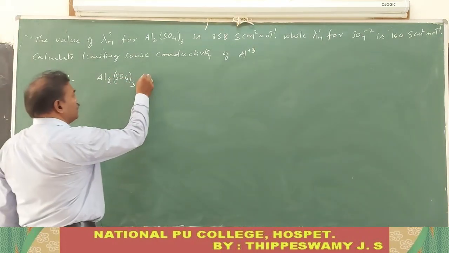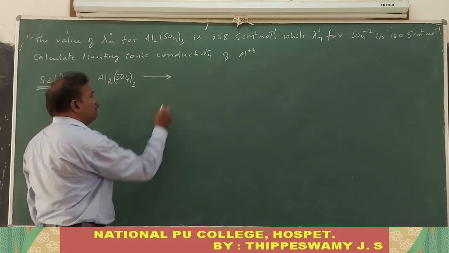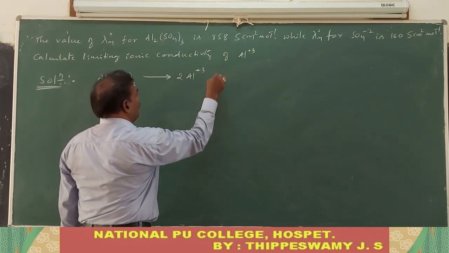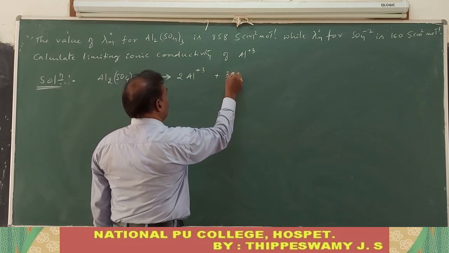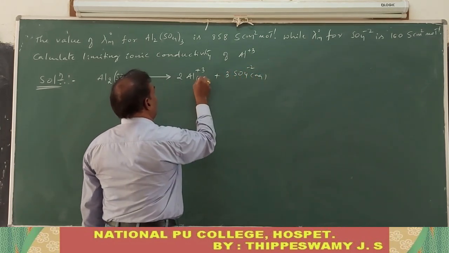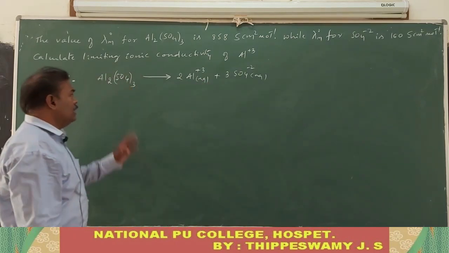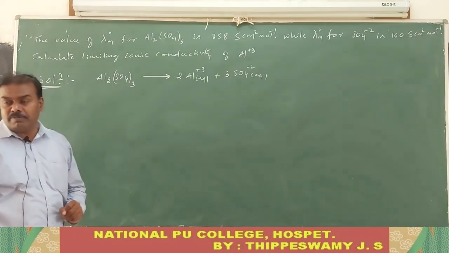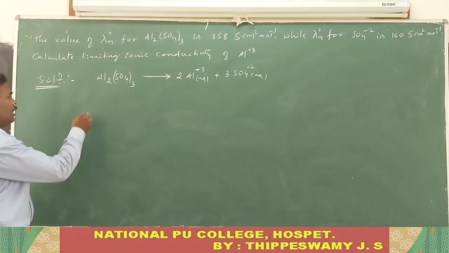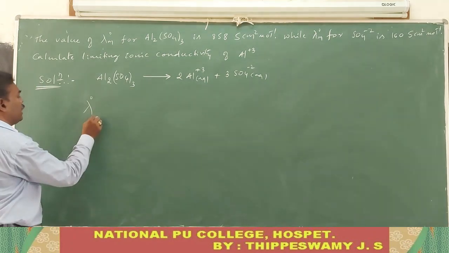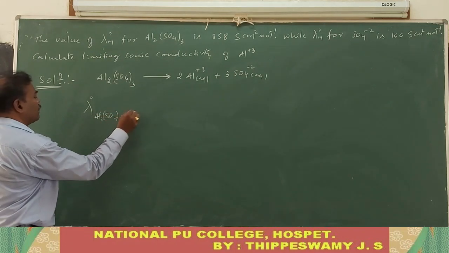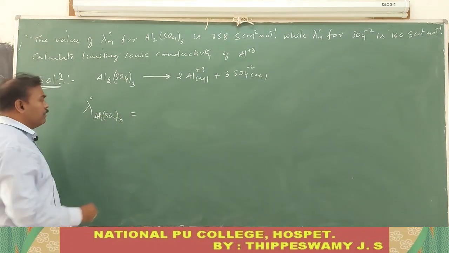Yes, on ionization, what do we get? 2 moles of aluminum ion in aqueous solution and 3 moles of sulfate ion in aqueous solution. Okay, this is the ionization of aluminum sulfate. But according to the Kohlrausch law, what is it? Limiting molar conductivity of aluminum sulfate Al2(SO4)3 is equal to, how can we write?